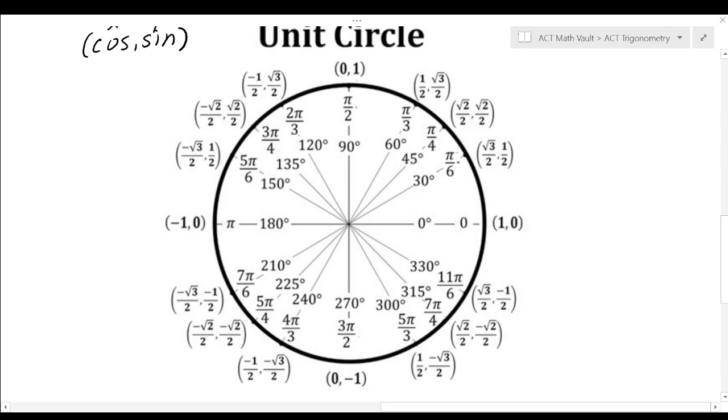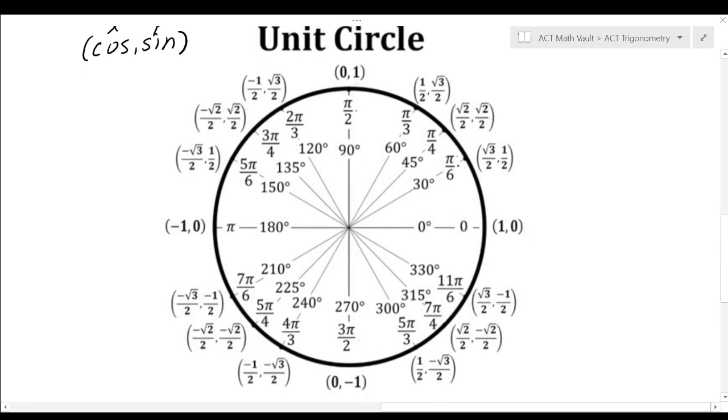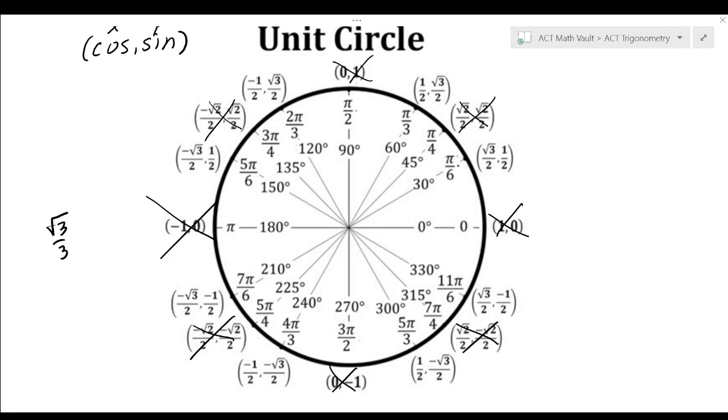Remember how it's sine over cosine, that would be y over x. How could I get a √3 over 3 by stacking a sine on top of a cosine? Certainly not with this point, or this point, or this point. If I stacked those, I'd either get 1, -1, undefined, or 0. I definitely wouldn't get a root 3 over 3.